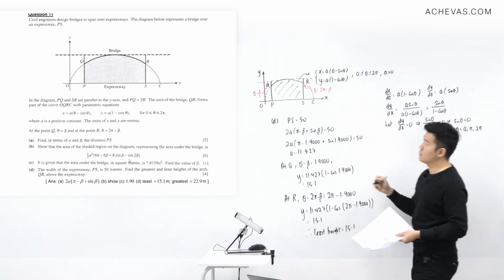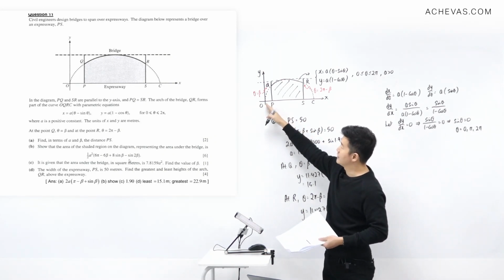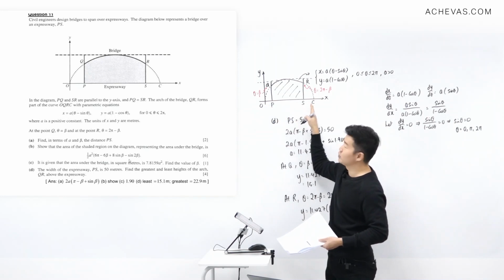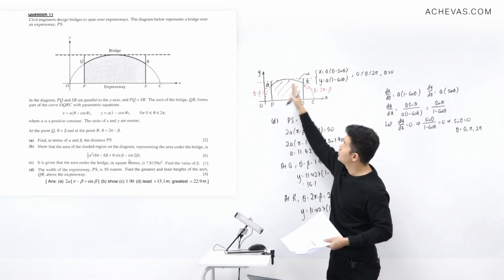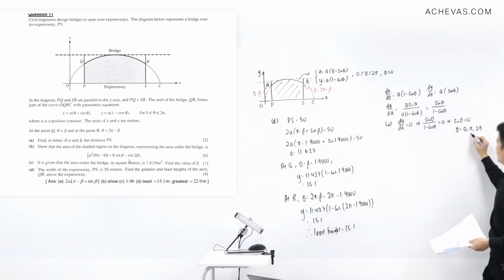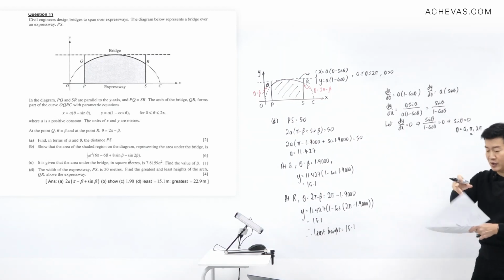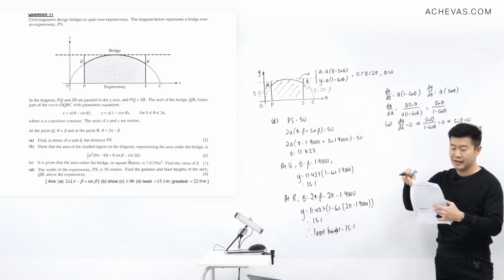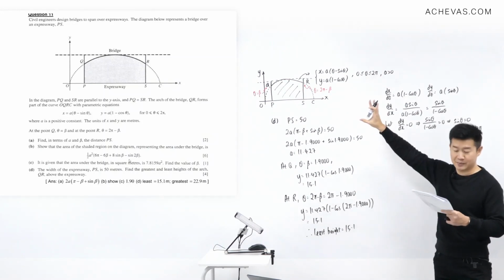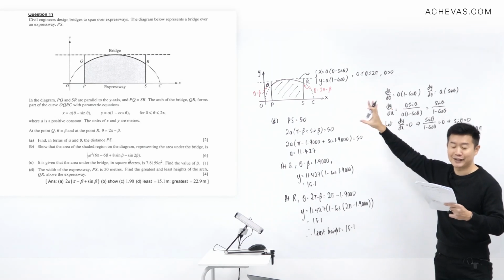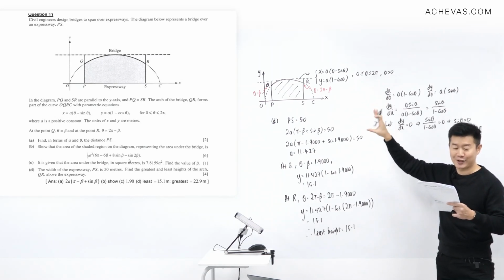When theta is 0, it is somewhere on the left-hand side. When theta is 2 pi, it is somewhere on the right-hand side. So in between, we take theta to be equal to pi, and that helps us work on the y coordinate at the point where the greatest height occurs.